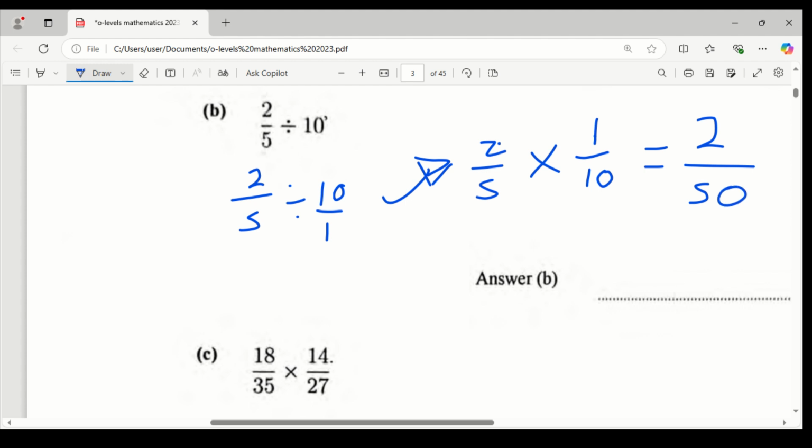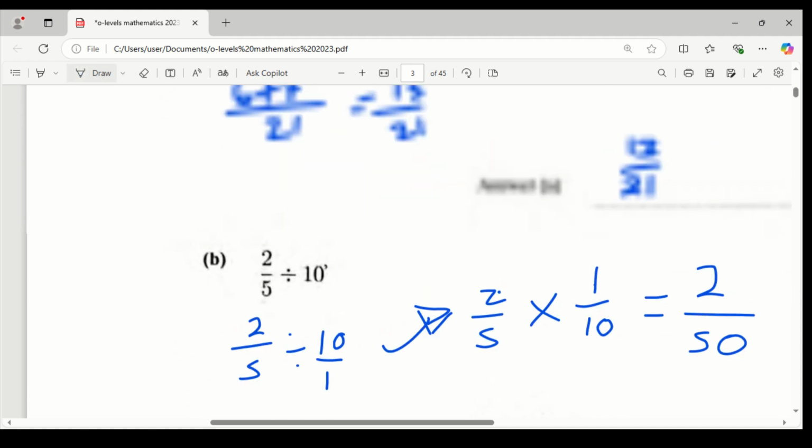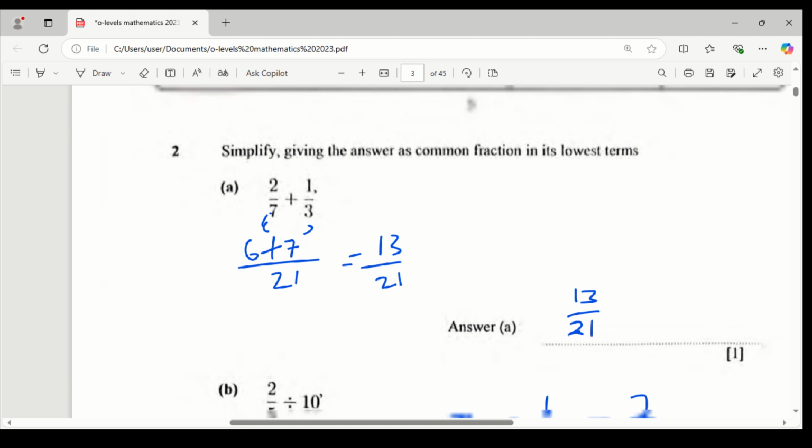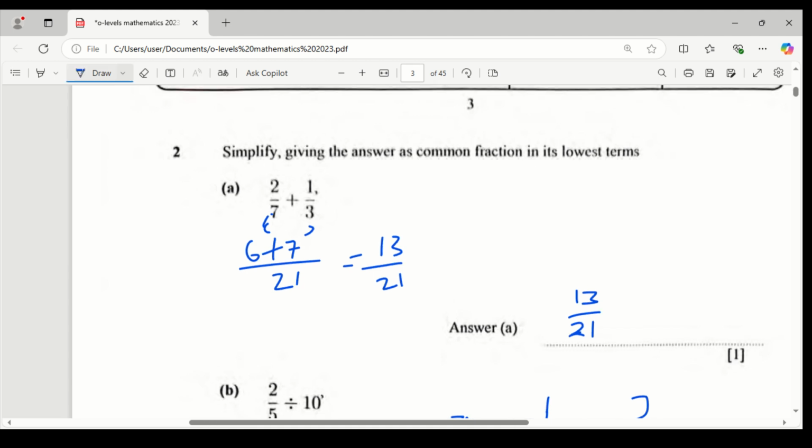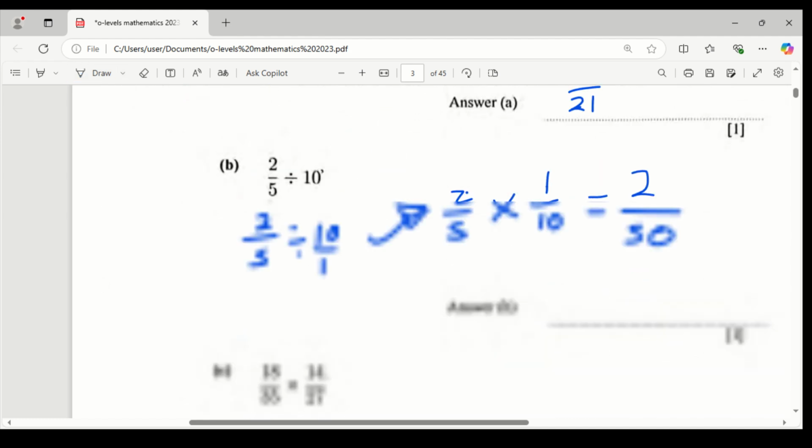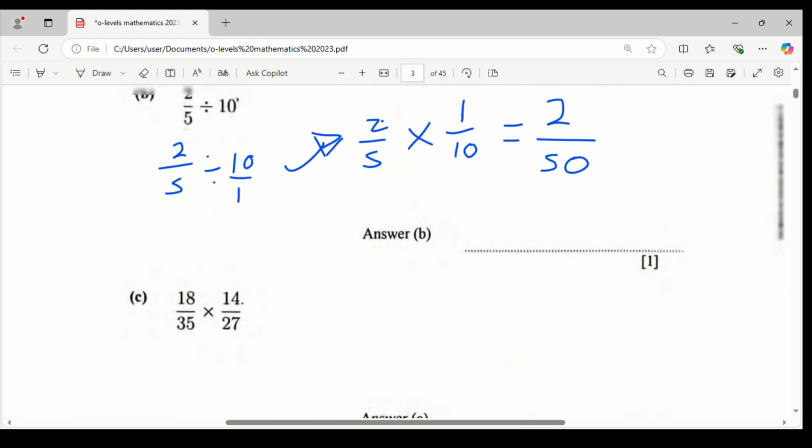So you have got 2 over 50 as your answer, but the question is saying as a common fraction in its lowest term. Lowest term means that we have to reduce those numbers. So if you are to reduce 2 over 50, you look for a number which can enter into 2 and also enter into 50, and that number is 2.